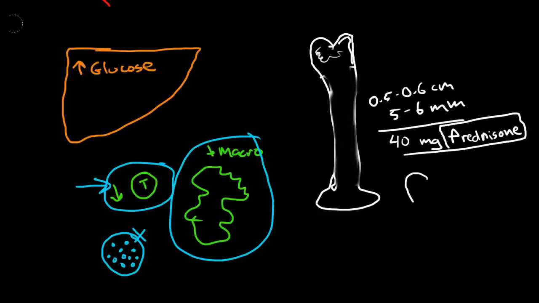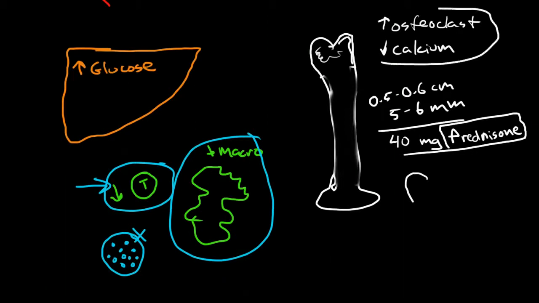Now, this occurs because glucocorticoids have an effect of increasing osteoclast activity and decreasing calcium absorption in the body. And so this essentially causes an iatrogenic osteoporosis.